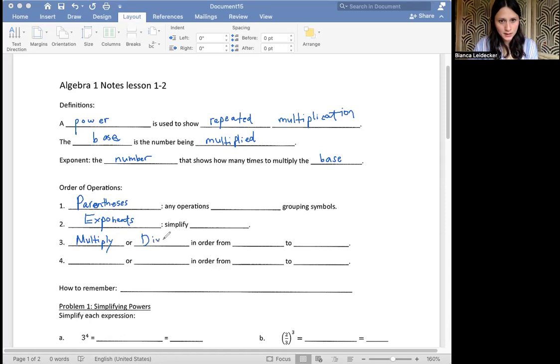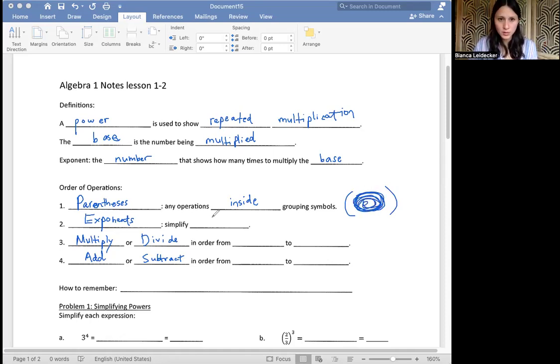I'm going to say multiply or divide for the sake of what we're going to write next. And then addition and subtraction. Okay, what is a parentheses? Any operations inside grouping symbols. So whatever is inside your parentheses, that's going to come first.